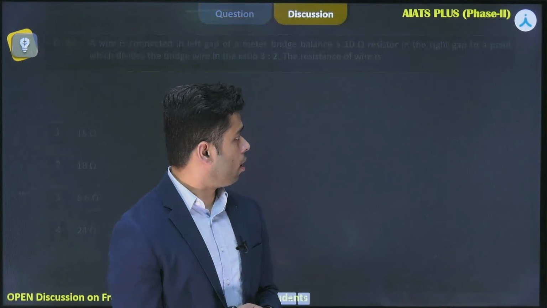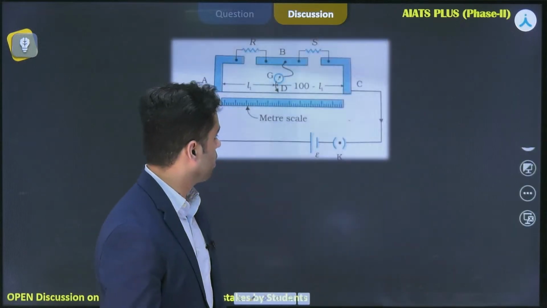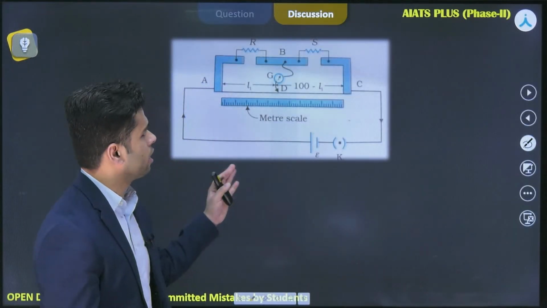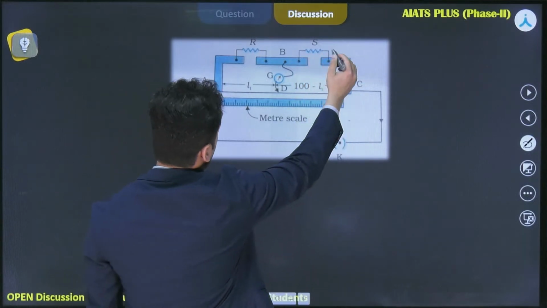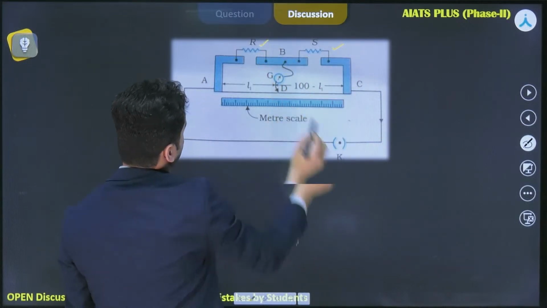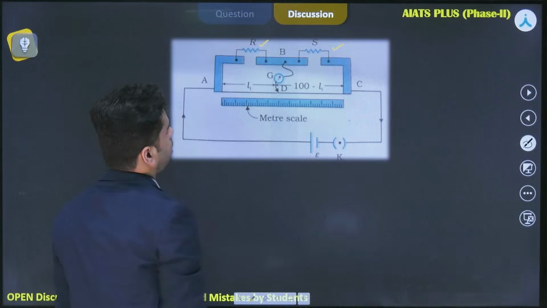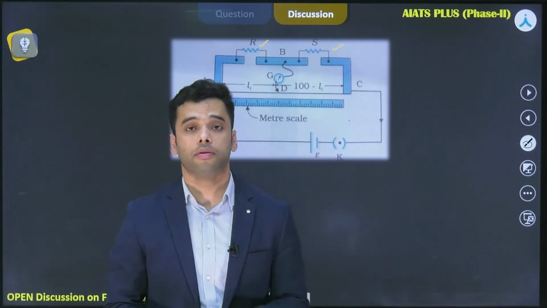Now if I try to show you how a meter bridge looks, a meter bridge looks like this. So this is the basic setup of a meter bridge. You have your right gap over here, you have your left gap over here, and if this is the jockey, then it is dividing the length. If this length is L1, then this length will be 100 minus L1, right?